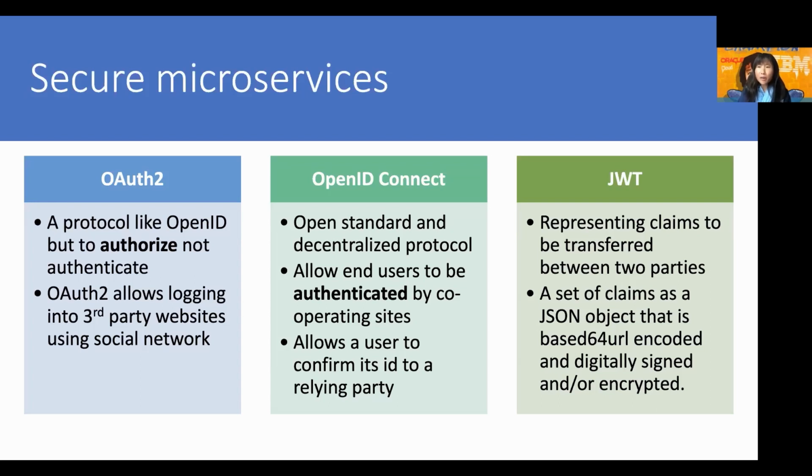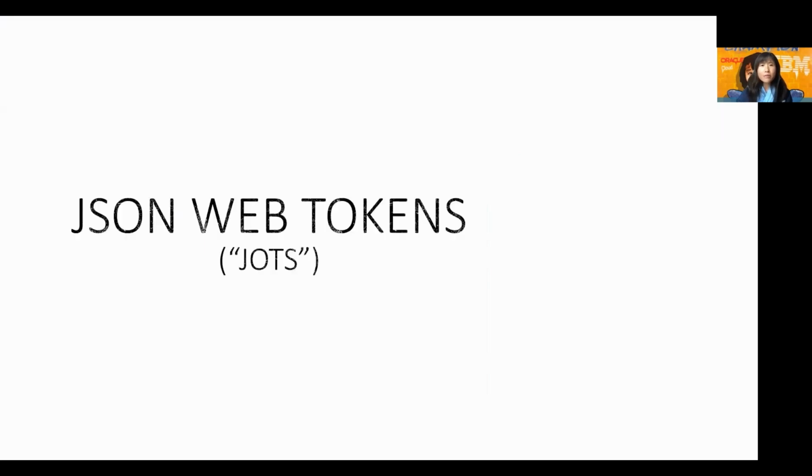JWT contains a number of claims, and these claims can be transferred between two parties securely and safely. This set of claims is represented as a JSON object that is base64 URL encoded and digitally signed. You can also encrypt it if you want. Both OAuth2 and OpenID Connect can use JWT as a token format. So this is the basic technology we use.